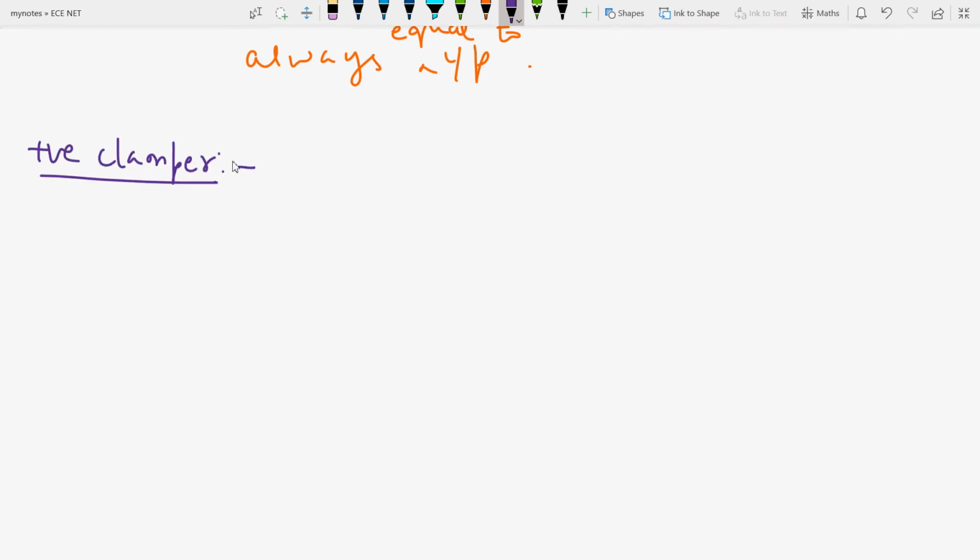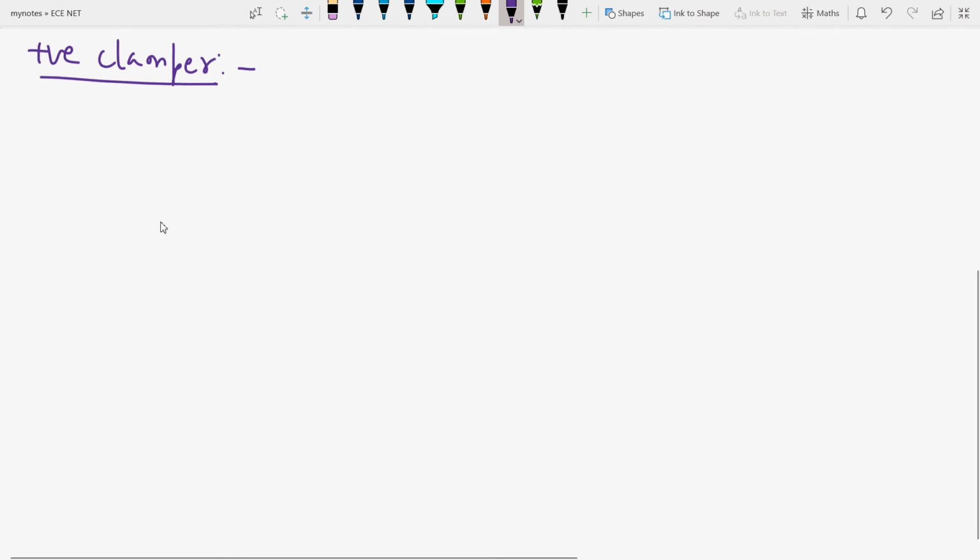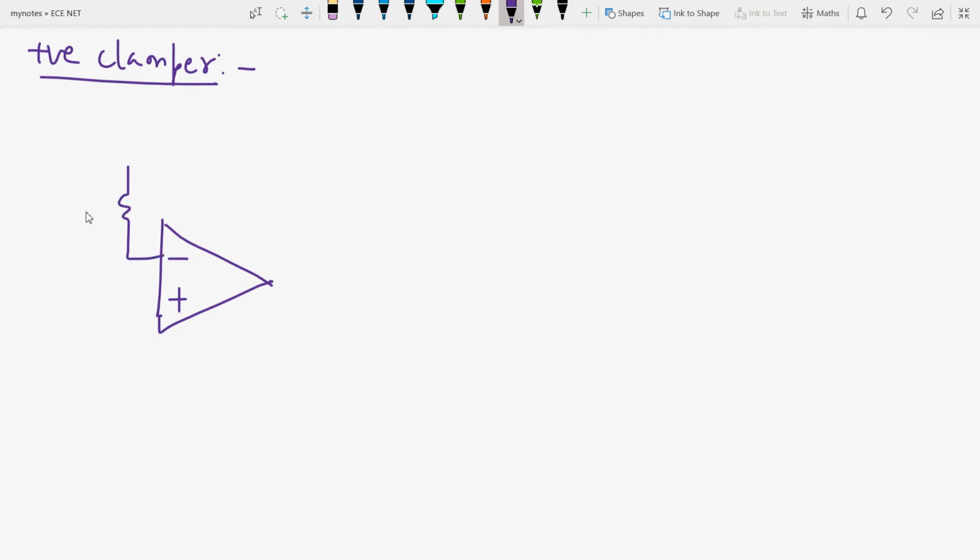Okay, now you have the positive clamper, just write it down. Positive clamper. Okay, now you have this op-amp. And see, this is the resistance R1, this is the capacitance C1, and this is the applied input voltage V input, and this is the feedback, this is the diode D1.